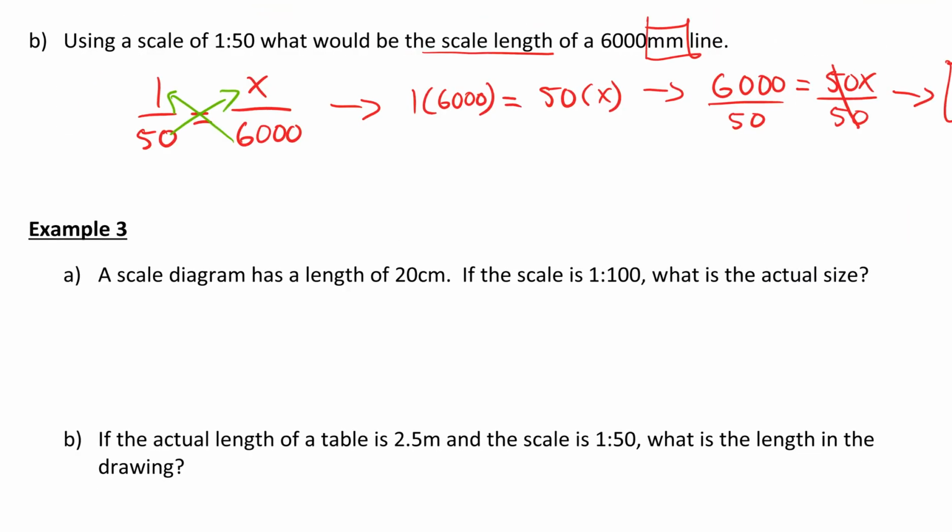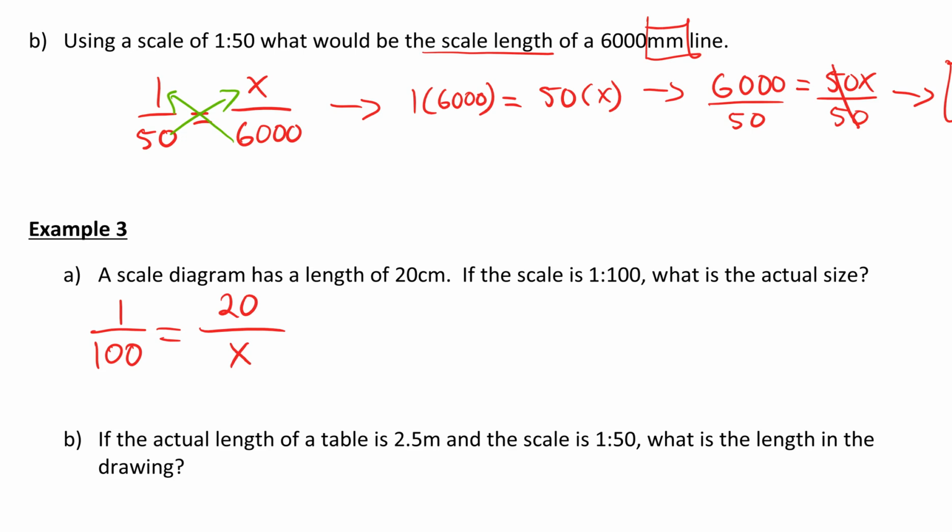Let's slide down to example 3 here. We have a scale diagram with a length of 20 centimeters. If the scale is 1 to 100, what is the actual size? So we have a scale of 1 over 100. And we have a scale diagram, meaning our scale is always on top, so we have 20, and we want to find out what the length of our actual diagram would be. So we have our x on the bottom, because that's where our original goes.